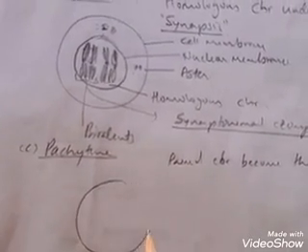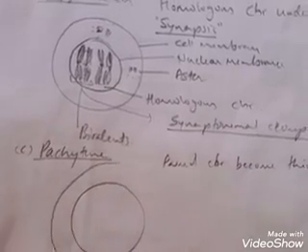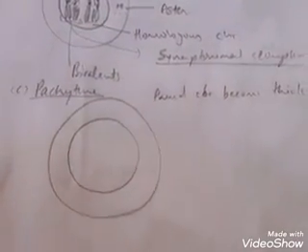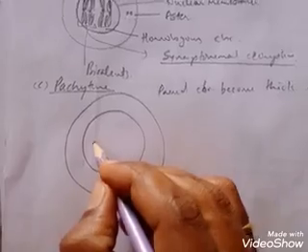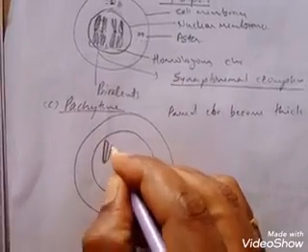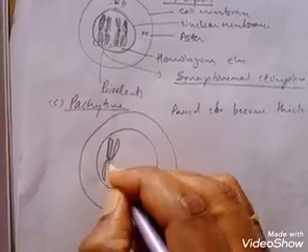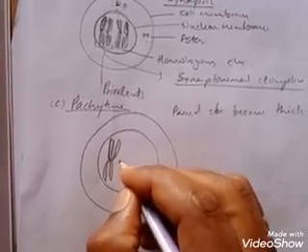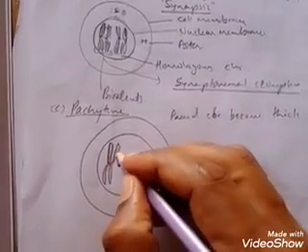So I'll show, this is the nucleus now, and this is the cell, right? So here the chromosomes appear like this, right? And we can even show the crossing over here.